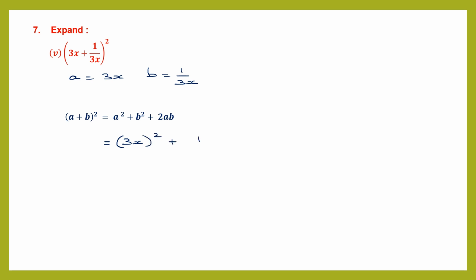What is b? 1 by 3x. And b square will be the square of this. So we got a square plus b square. Now we continue plus 2ab. So let's write plus 2 into a. And how much is a? 3x, into b. And how much is b? 1 by 3x. So let's work this out.